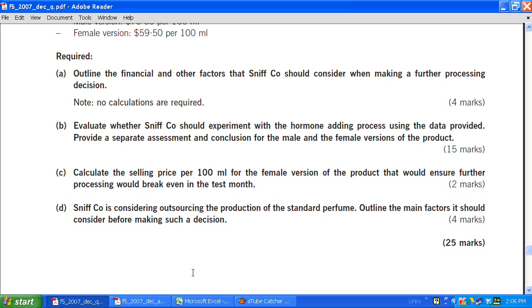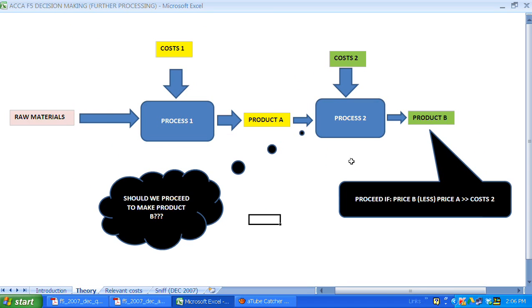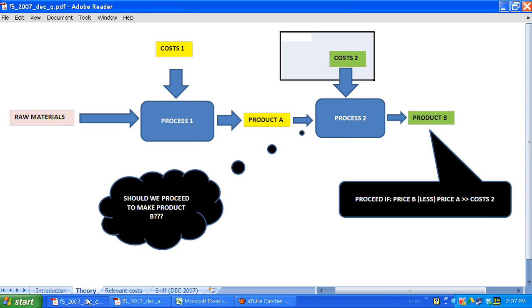This hormone adding process would be process 2. So we need to figure out the additional costs for adding hormone, and we also need to figure out the price of the product B, after which we shall get the incremental revenue and compare it with the costs. Then we shall be able to make a decision.